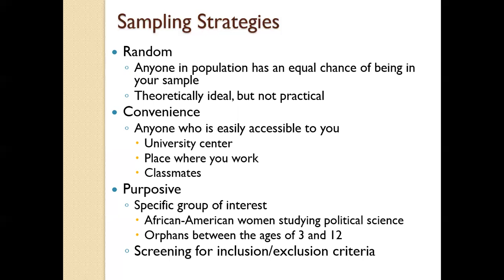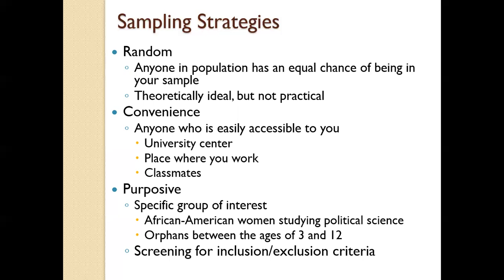So for instance, if my population of interest is all hospitals in the United States, I'll first have to identify every single hospital in the United States and then try to randomly sample patients from each of those hospitals.